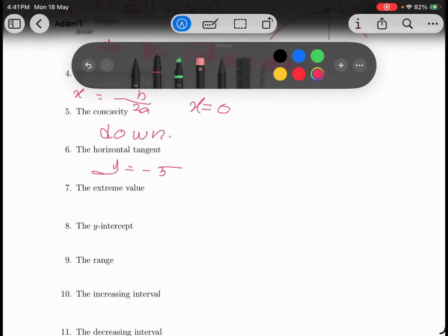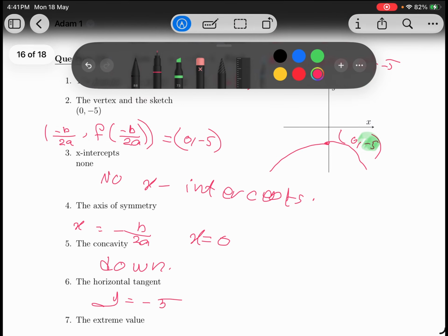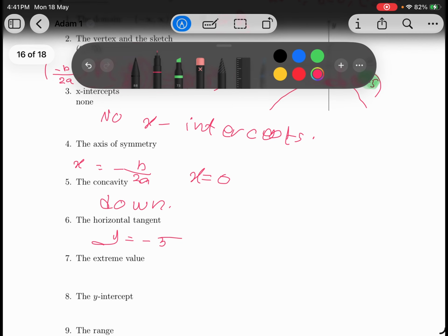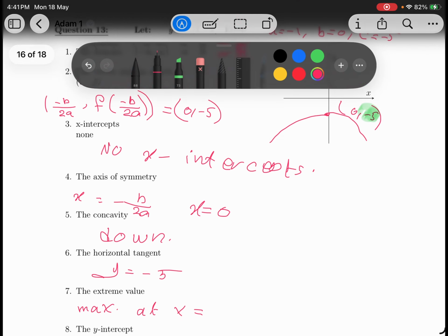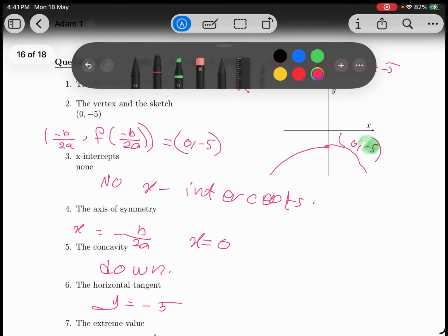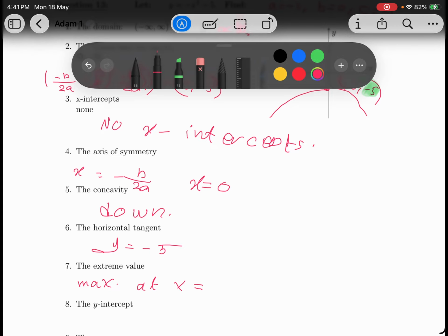So here the extreme value, this top point, is the maximum. It occurs at x equals 0, equal to f of 0, which is minus 5.